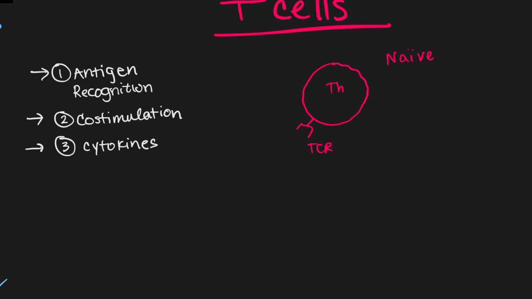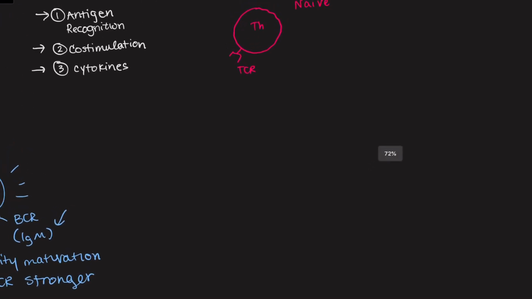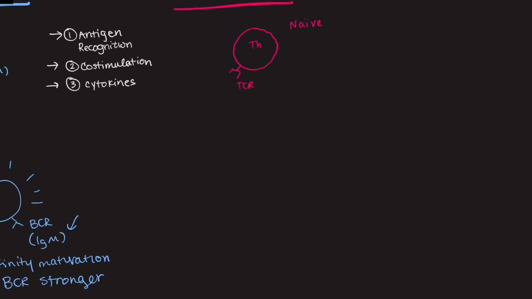I'm just going to go ahead and start with our end goals here because I think that makes it a little bit more concise and less confusing. So yeah, we're going to go through all 3 of those steps, but our end goal here is we're going to want to produce Th1, Th2, Th17, or follicular T helper cells. Essentially these are just specific types of T helper cells that are for different things.